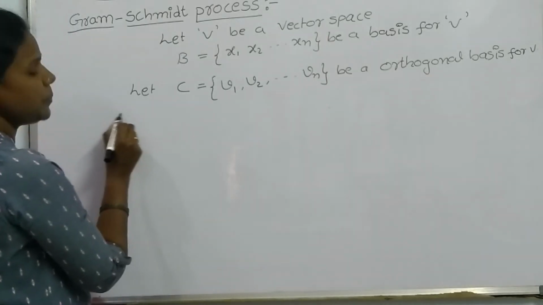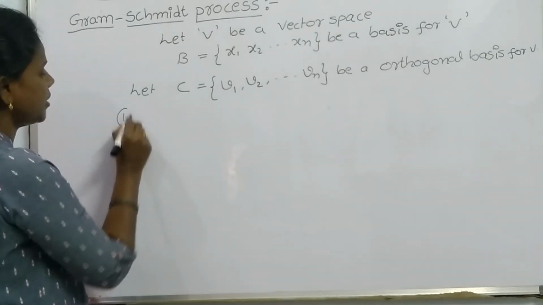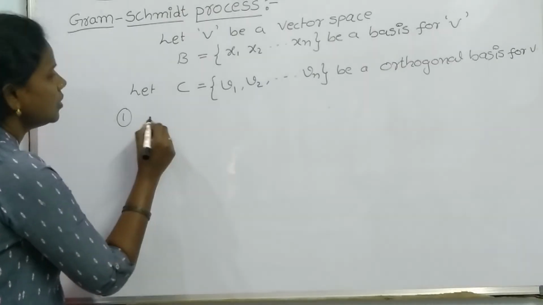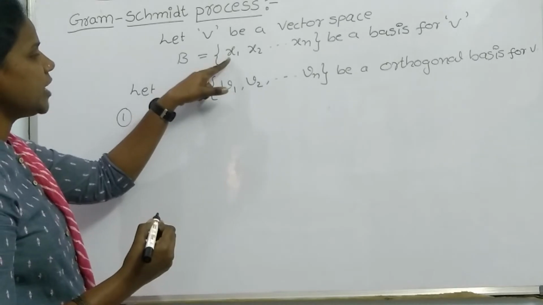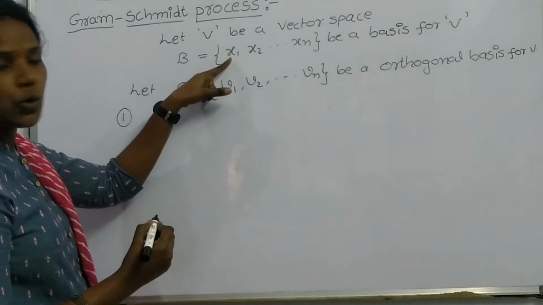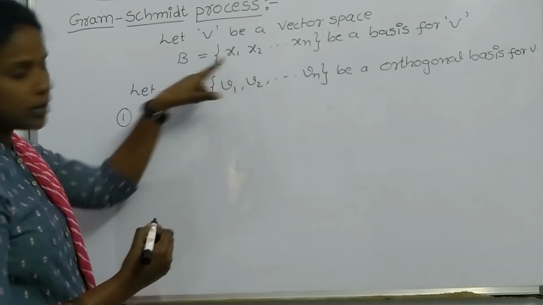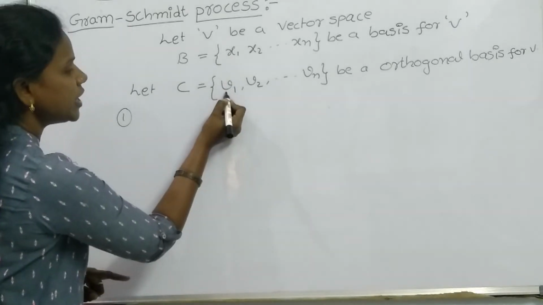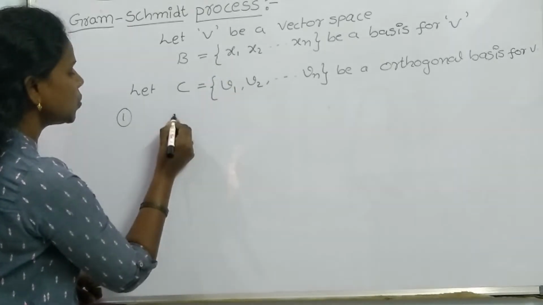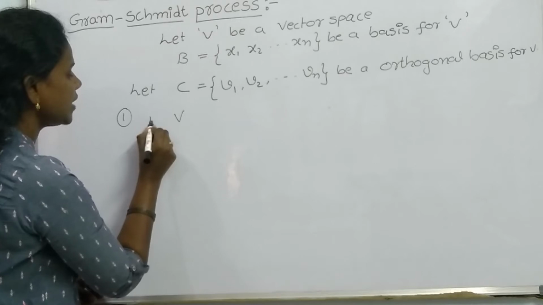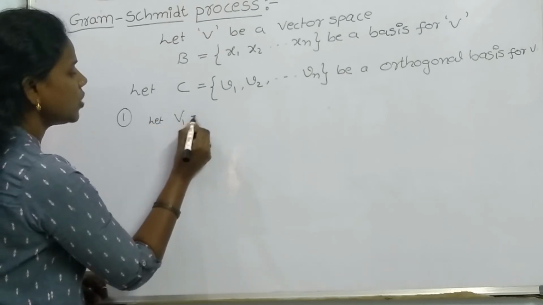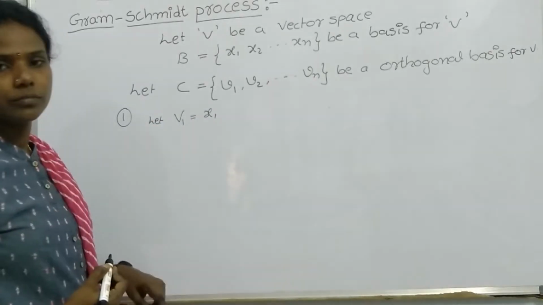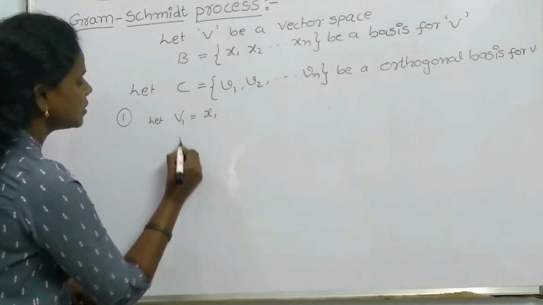So in the Gram-Schmidt process, step 1, here we have to find an orthogonal vector to this x1. This v1 is the orthogonal vector to x1. First let v1 equal x1. Next v2.